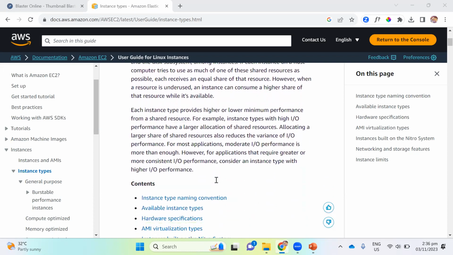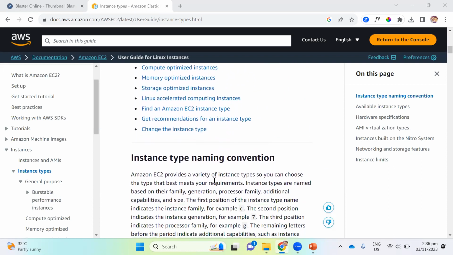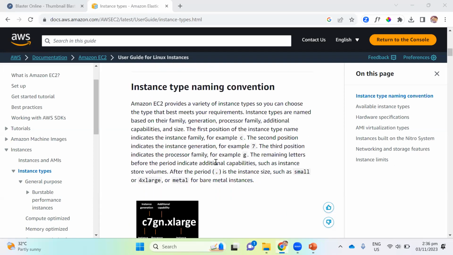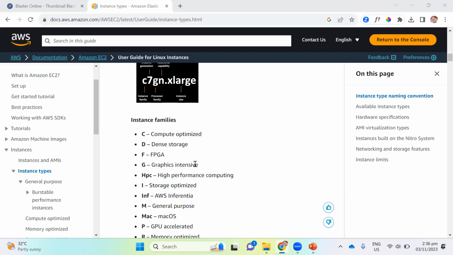Because in today's lecture, we are trying to understand what are the different instance types for EC2. And the next lecture will be tomorrow, which will be the purchasing options of EC2 instances.